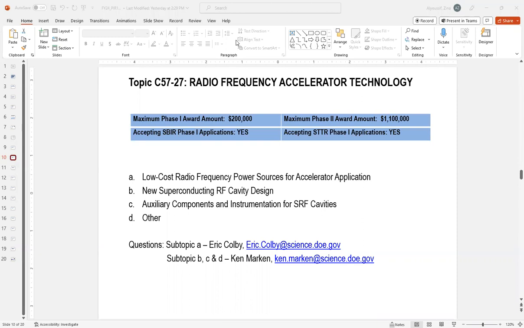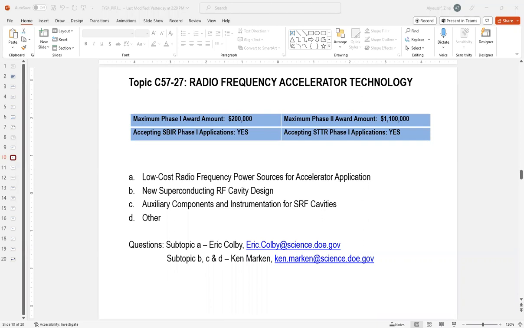So subtopic C is for auxiliary components and instrumentation for superconducting RF cavities. There is a strong push to higher performance, as we've just mentioned, that requires commensurate advances in the auxiliary systems, and that is the focus of this topic. The need for higher power capacity often means the auxiliary components become very expensive.